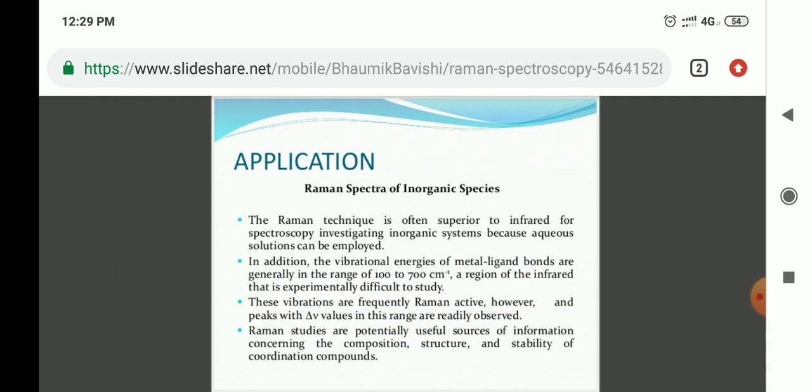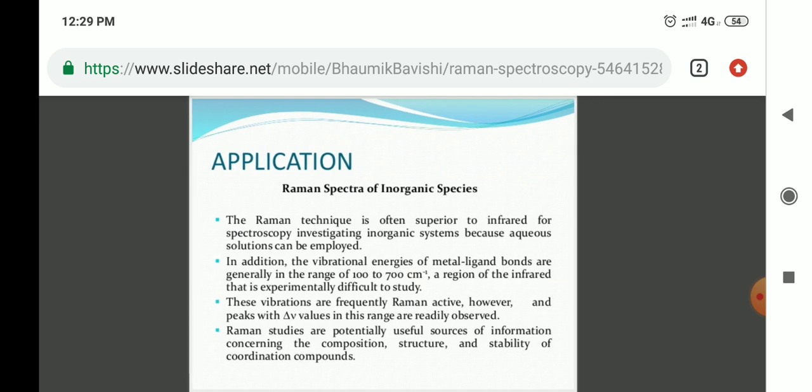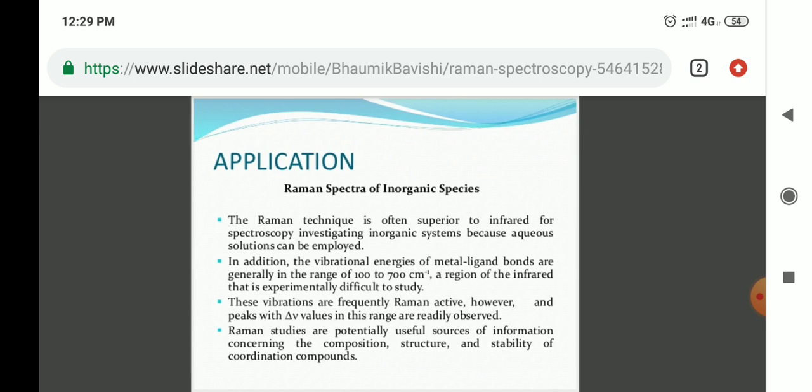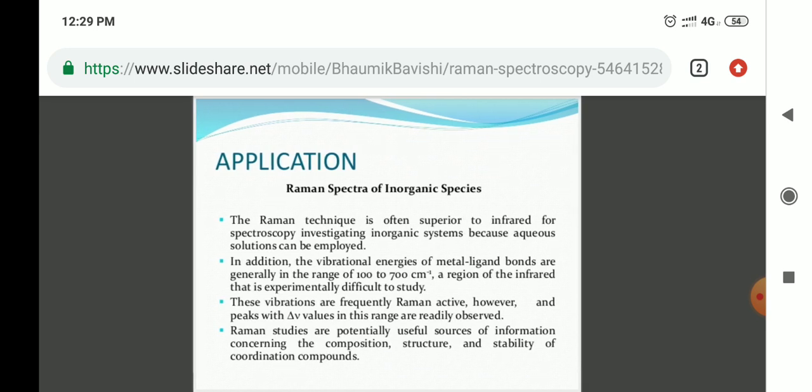Next is the application of Raman spectra of inorganic species. First, the Raman technique is often superior to infrared spectroscopy for investigating inorganic systems because aqueous solutions can be employed. In addition, the vibrational energies of metal ligand bonds are generally in the range of 100 to 700 centimeter inverse, a region of the infrared that is experimentally difficult to study.